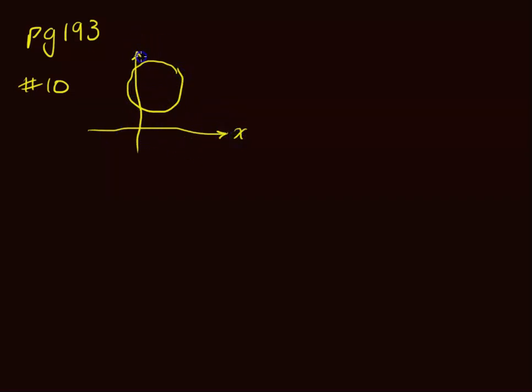This is the y-axis. They say there's a center right here, but they don't give us the center. They say this crosses at 0, 1. And they give us another point on the other side of this diameter. The point is 2, 3. Find the center and the radius of each circle, and then write the standard form of the equation.